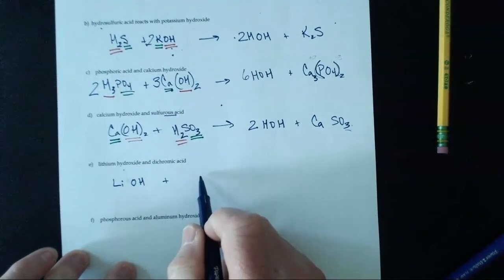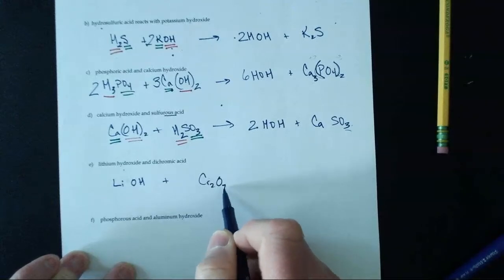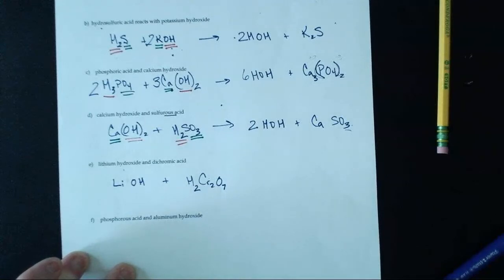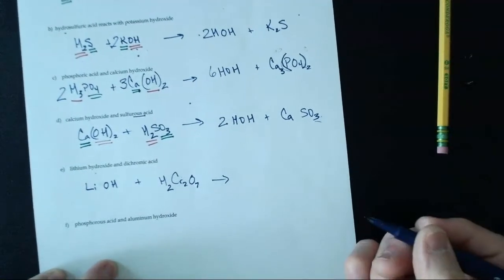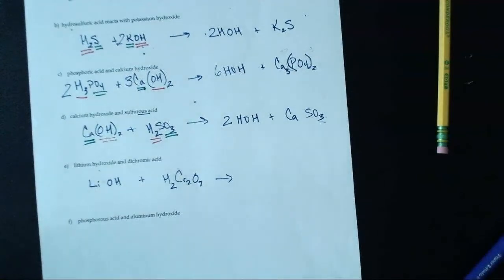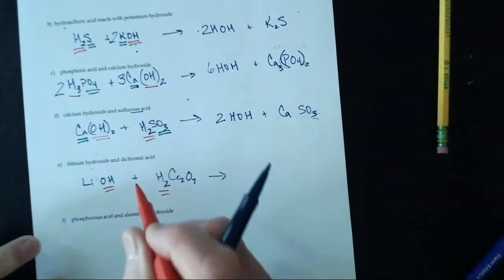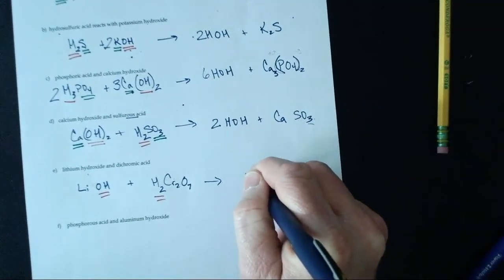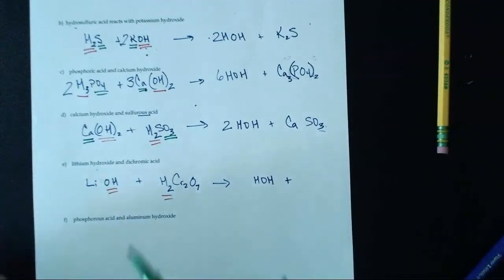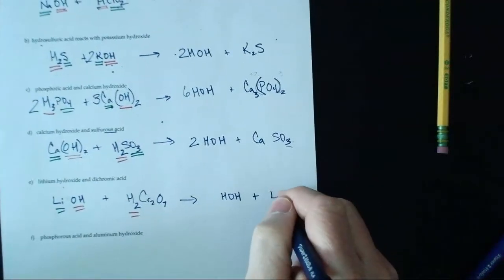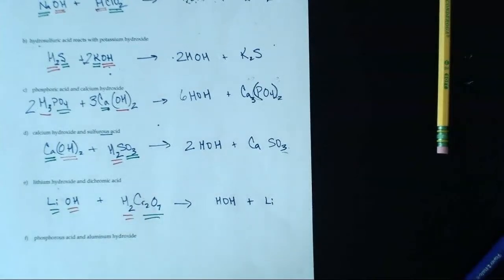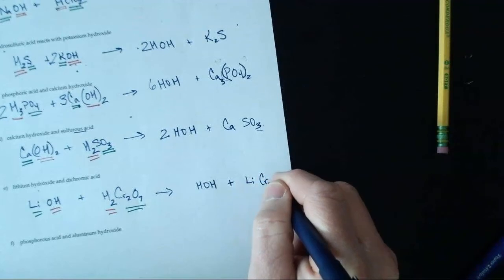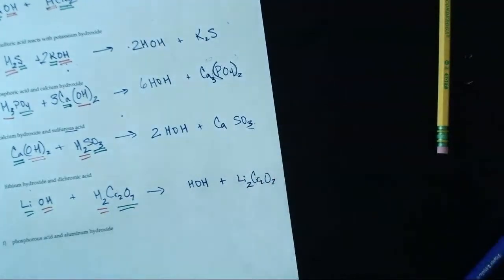Dichromate is Cr2O7, and that has a -2 charge, so it's H2Cr2O7. That's going to yield, let's see what we've got. I've got hydrogen and my OH. So HOH, there's my water, plus lithium dichromate. Lithium is a +1 and dichromate is a -2, so that's got to be a 2.